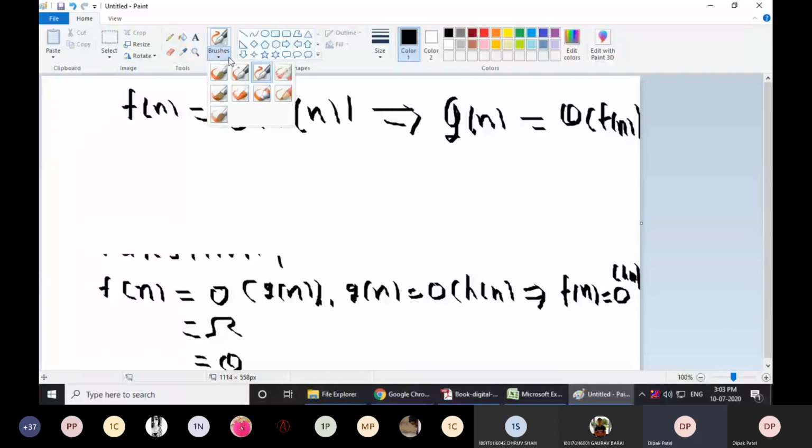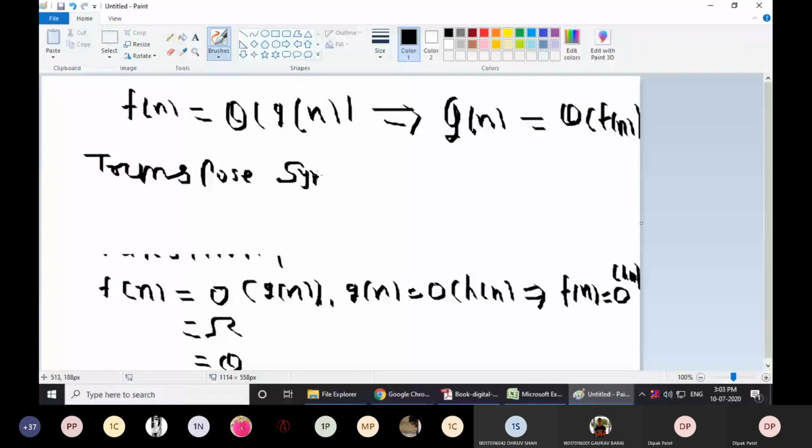Now transpose symmetry. Transpose symmetricity.